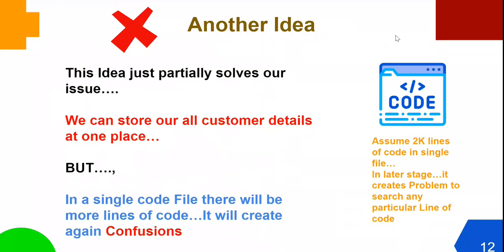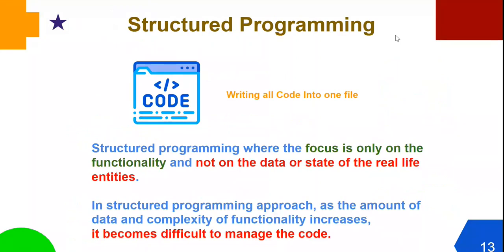In a later stage, it creates problems to search for any particular line of code. So keeping all code in one file without classifying it on the basis of priority of data getting stored, this process is called structured programming.